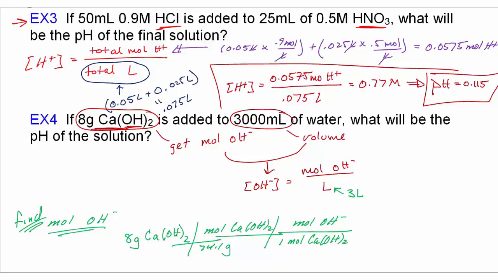And the answer is in that chemical formula, right? If I have 1 of these, I have 2 hydroxides. And stop there because you want moles of hydroxide. So everything on top multiply, bottom divide. 8 divided by 74.1 times 2, about 0.216.